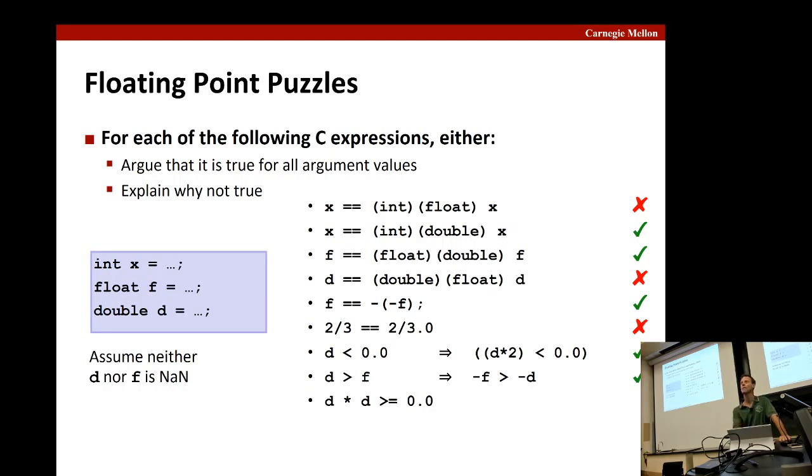If I square a number, it's non-negative. Or sorry, if I square a number, it's always non-negative. That's what that's asking. Somebody tell me why? Could be not a number. Could be because of zero. Well, okay, so we're assuming here, sorry, I should have pointed that out. Assume in these examples that D is not NaN.